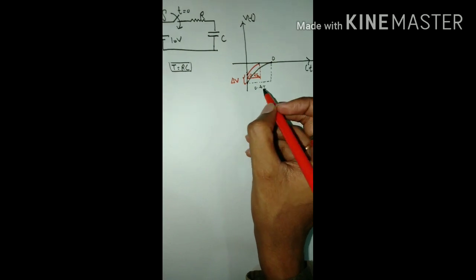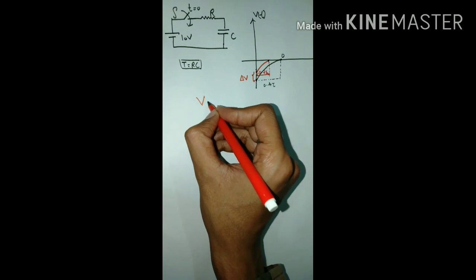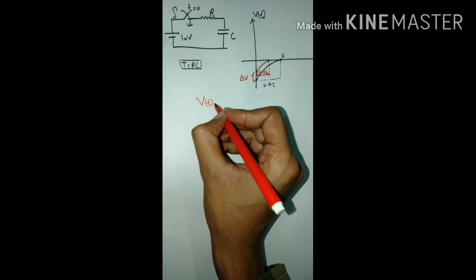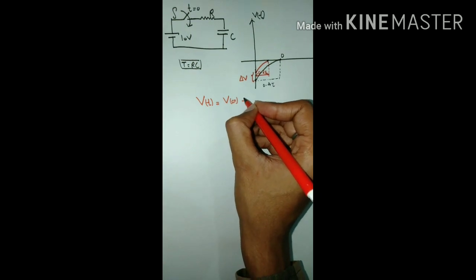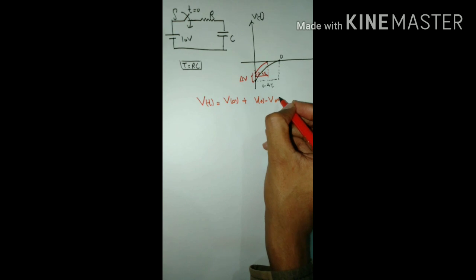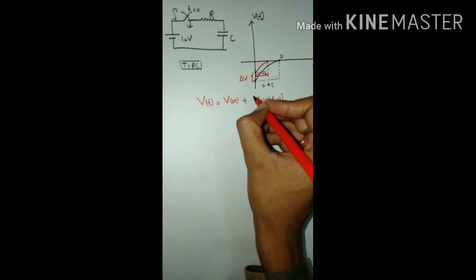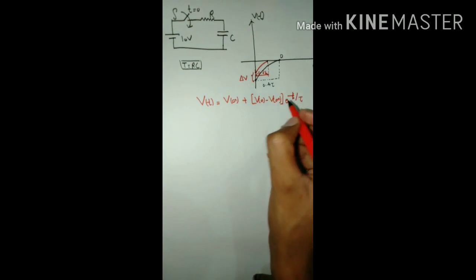So first of all, we know the equation of RC circuit, V(t) equal to V infinite plus (V initial minus V infinite) e to the power minus t by tau.